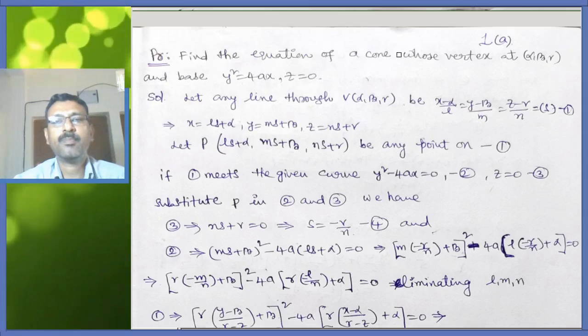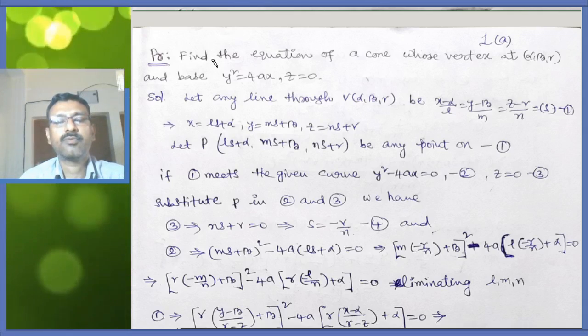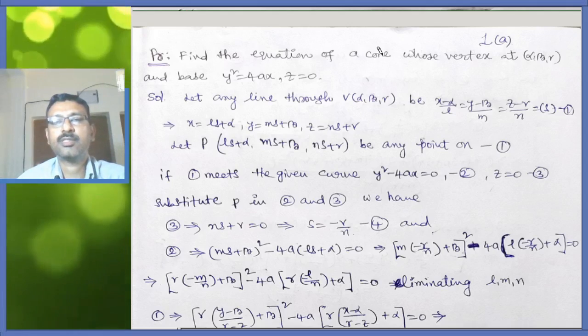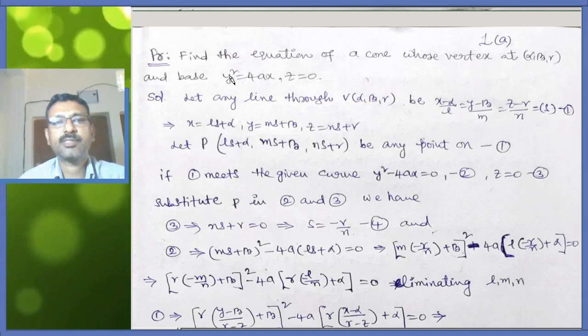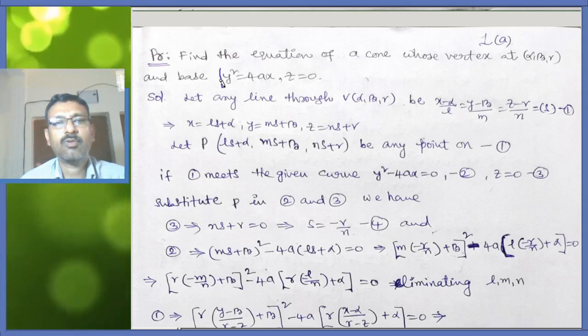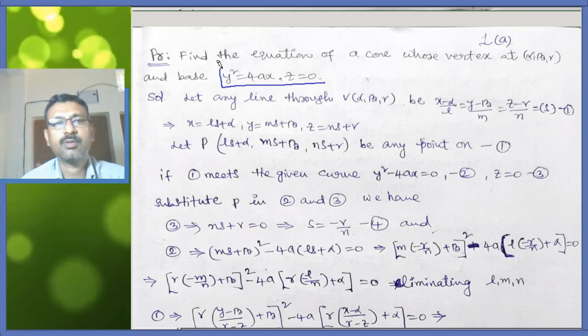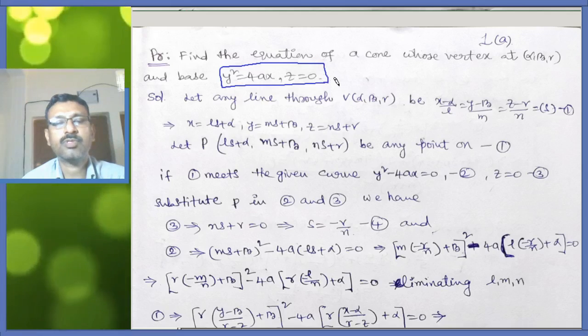Here is the problem. Find the equation of a cone whose vertex is at (alpha, beta, gamma) and base is y square equal to 4ax and z equal to 0.